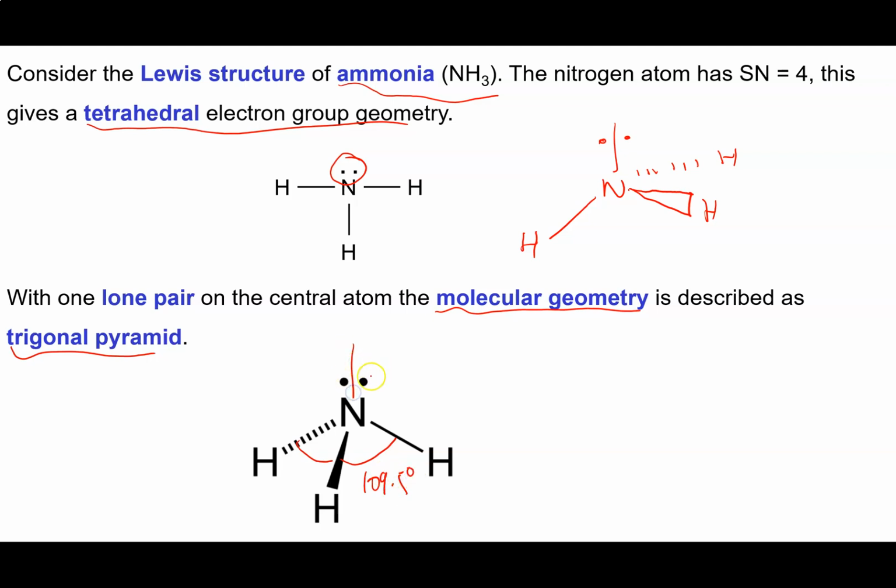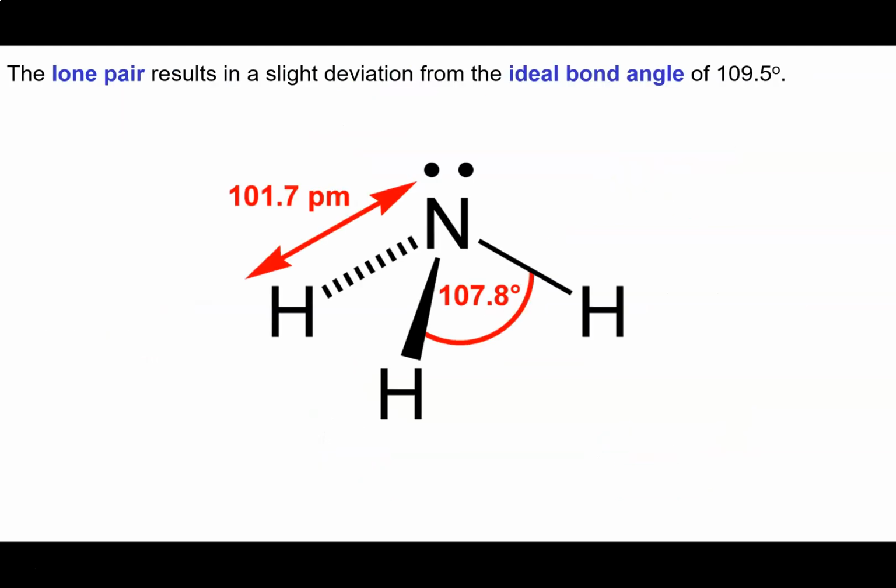Keeping in mind that a lone pair is extra repulsive, we would expect all of this to get squished together a little bit, moving away from the lone pair. So this is ultimately going to be less than 109.5 because of that lone pair. And sure enough, when you measure it on a real molecule, it's about 107 degrees, so it's coming in a little over 2 degrees less than expected.